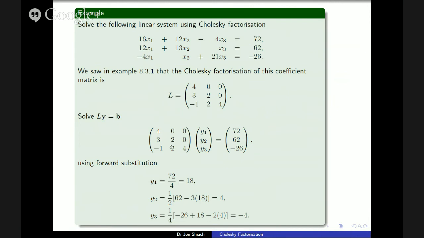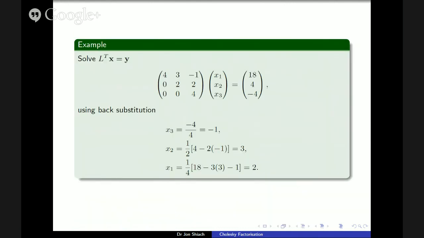Coefficient of y2 is 2, so we halve it, and we have 62 minus 3 times y1, and y3 is similar. So we solve for y using forward substitution, then solve for x by using back substitution on the transpose of L, because we need an upper triangular matrix. And that gives you the answer. Not a lot I really can say about that.